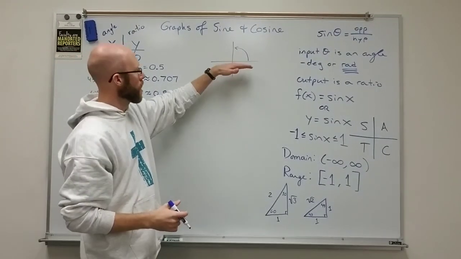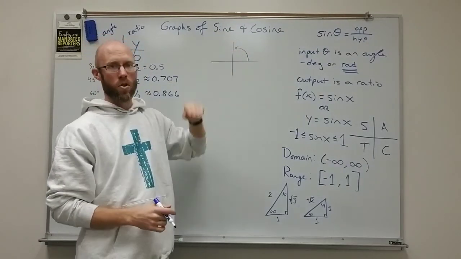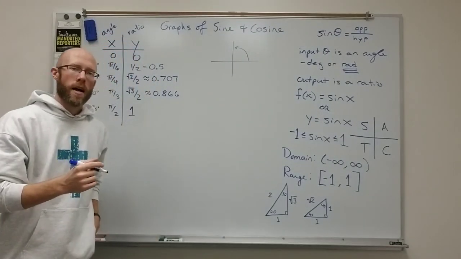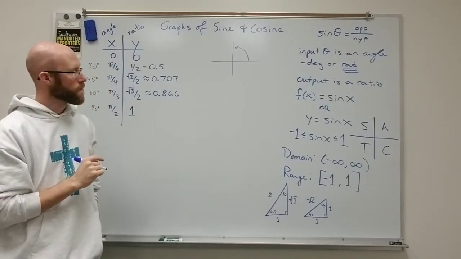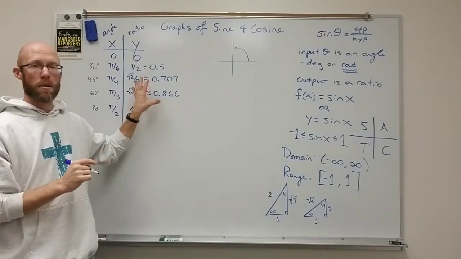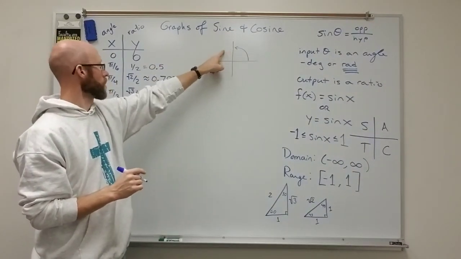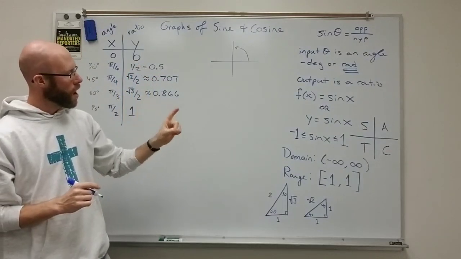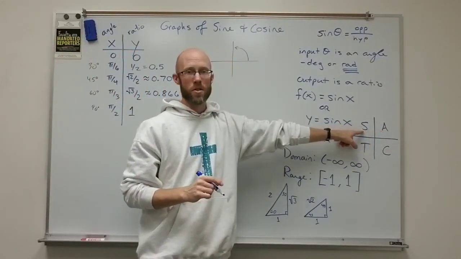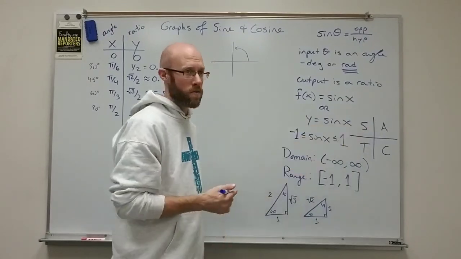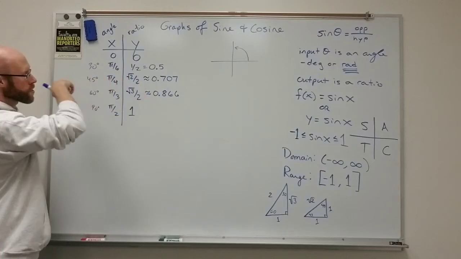Remember, the sine is going from 0 to 1 as you trace out that first quadrant. As you go into the second quadrant, remember from the unit circle idea that the values are mirror images. You would start up at 1 and then go back down to 0. The sine is positive in both the first and second quadrants, so it's all going to be positive values. So you have this mirror image as you go into the next quadrant.